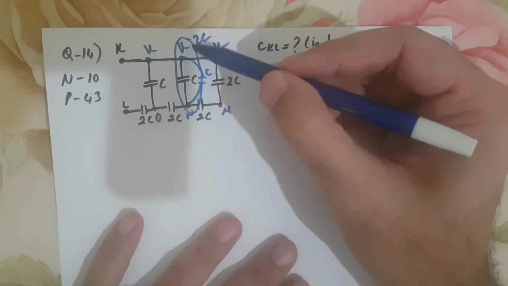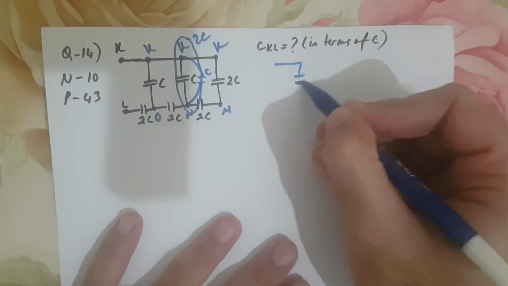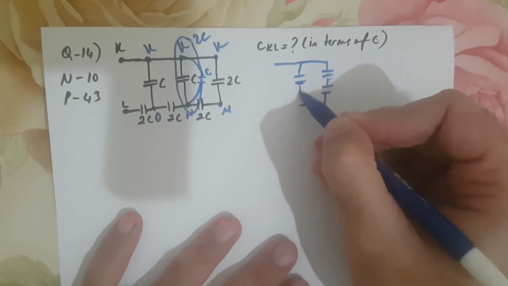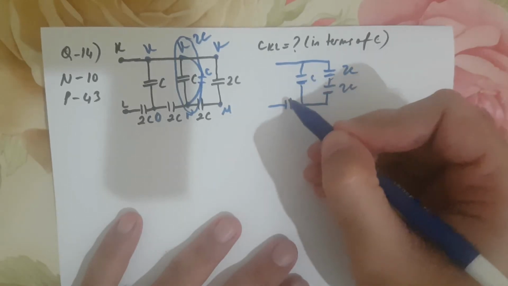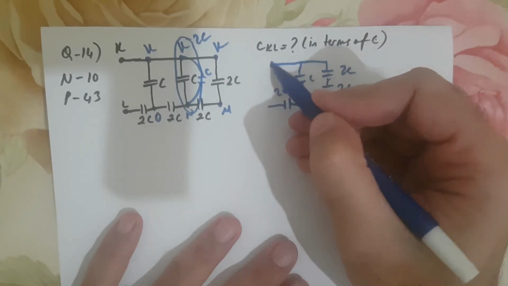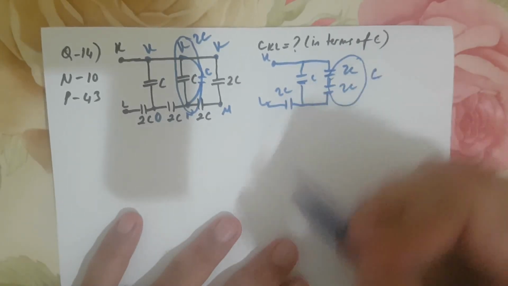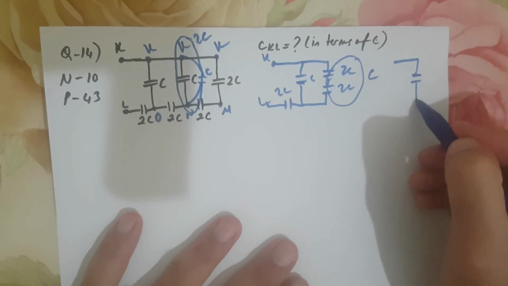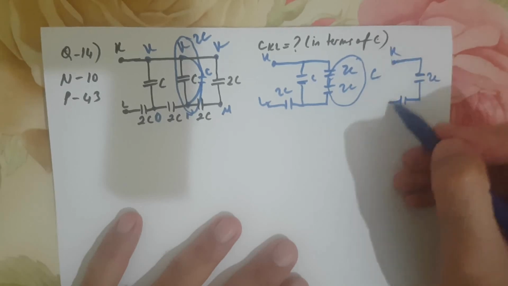And again, we see that 2C and then 2C series again. So, or I draw this one, 2C and then 2C again. 2C, and then C, 2C, okay, KL, and again 2C becomes C, C and C becomes 2C, and now our new circuit becomes like that, 2C and then KL.